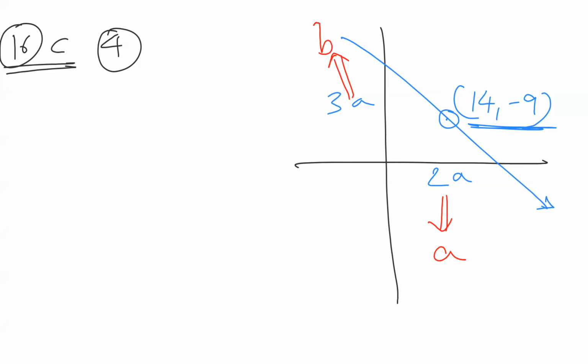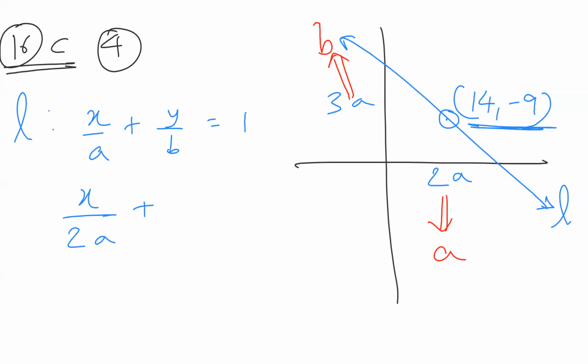So a and b we know. a is 2a and b is 3a. So line L by double intercept form is x by a plus y by b is equal to 1. So x by 2a plus y by 3a is equal to 1. Now this a is different.